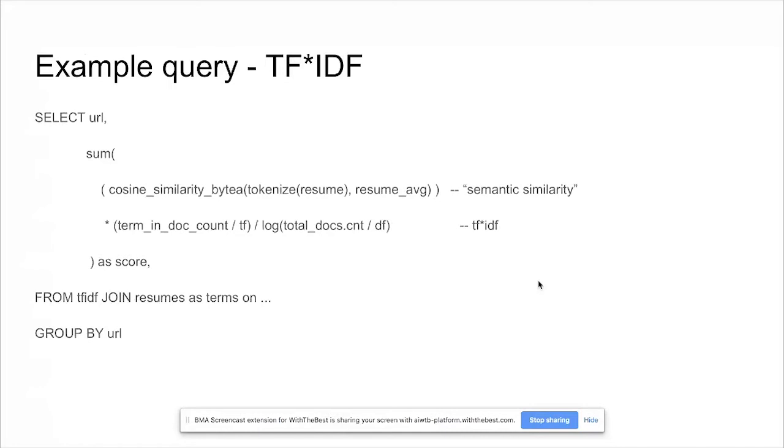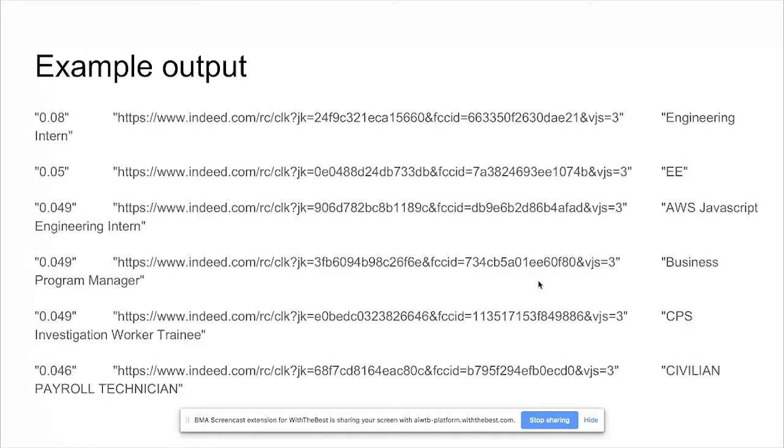So here I pulled out some of the search results for one of these. You can see that the first three look like they're probably appropriate. Granted they're two intern positions here, but the first three look like they're technical positions. The second three don't.